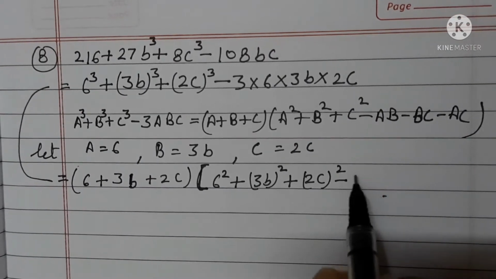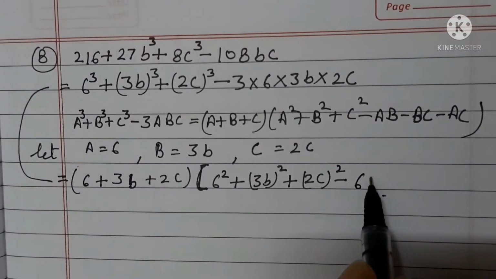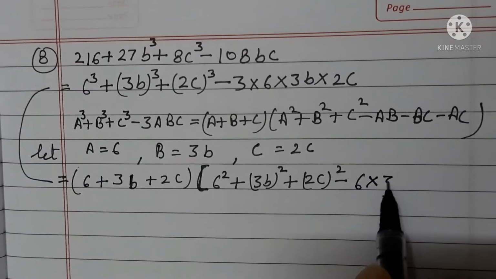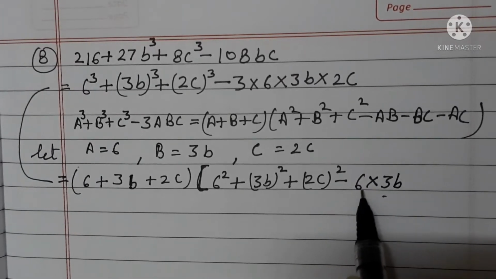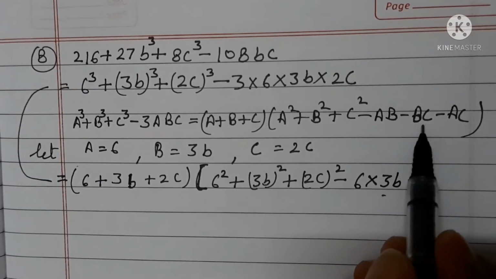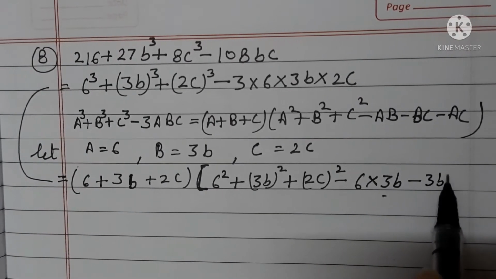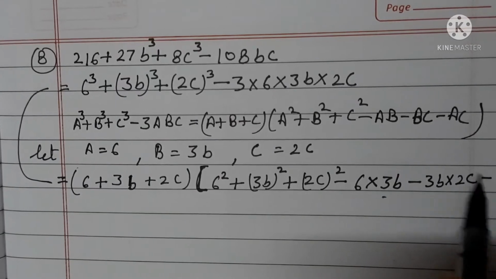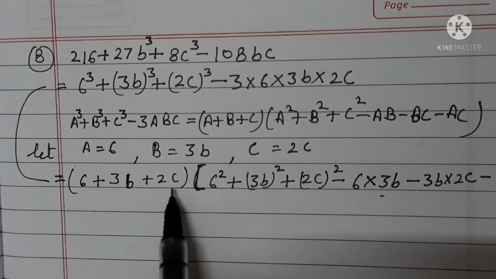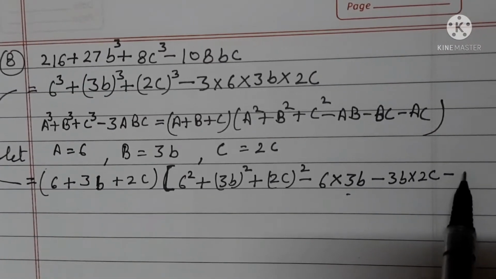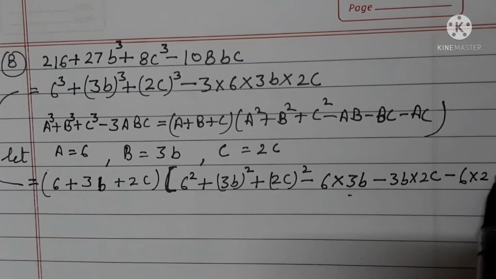So write directly, or I am showing here a, b means 3b, a means 6, minus bc, this is 3b into 2c, minus ac means 6 into 2c.